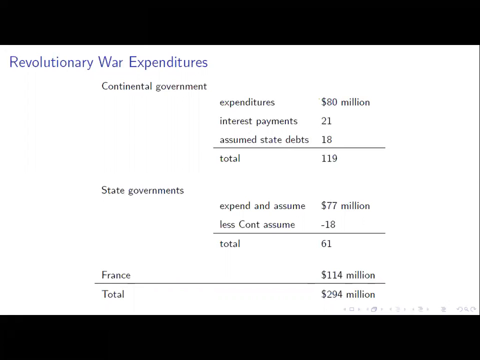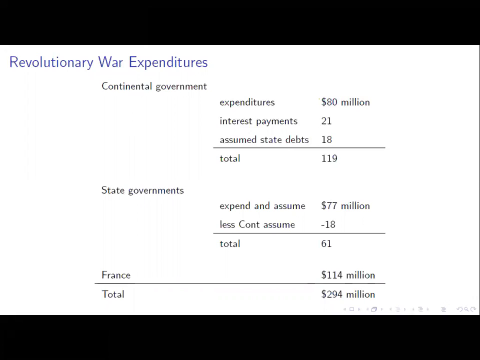state governments. And then France, and you want to put a fairly large error band around this calculation. This is kind of a back of the envelope calculation, so it could be plus or minus maybe about 20 million, depending on how you want to do it. They provided us quite a bit of military support, and in particular, naval support. The continental government didn't have a navy, and France served as a navy for the military.